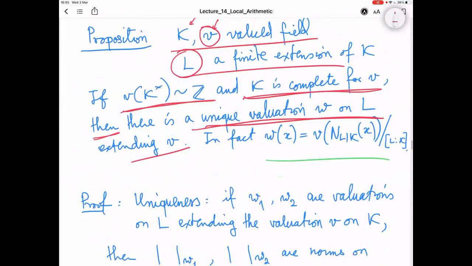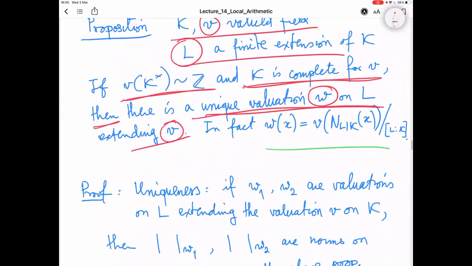And in fact, there's a formula for that W, which is that W of X is equal to the V of the norm from L to K of X, the whole divided by the degree of L over K.